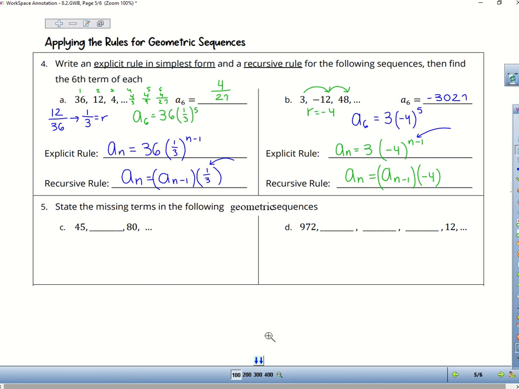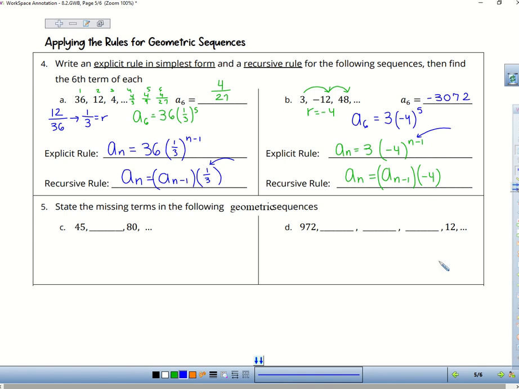Let me try it. You're right, it is 72. I wrote it backwards on my key. My apologies. Thank you. Negative 3,072. Sorry about that.